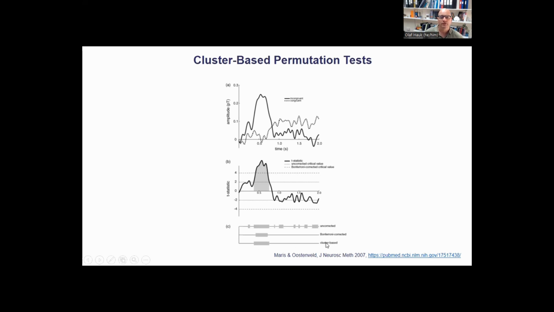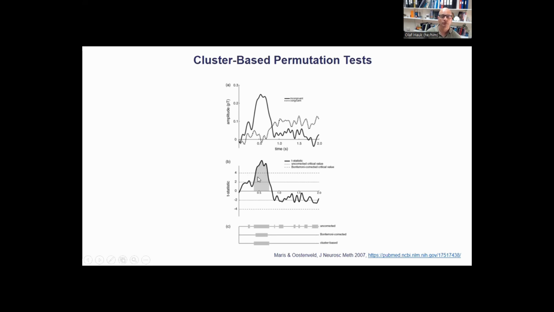Down here, it's also indicated what you get with your cluster-based permutation tests. So you would actually get, well, it's a bit hard to indicate here, basically almost this whole cluster significant, almost everything above the uncorrected level. But the important thing is that this little dip here is not considered significant at the cluster level.